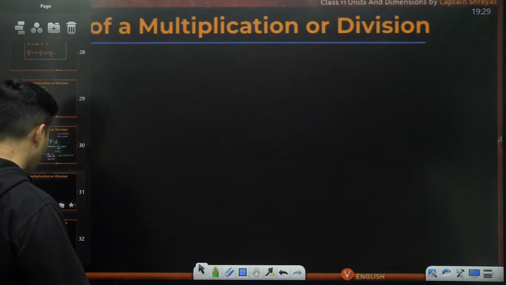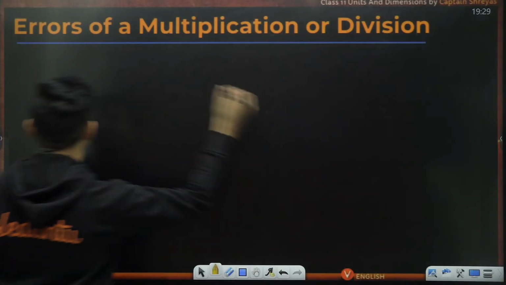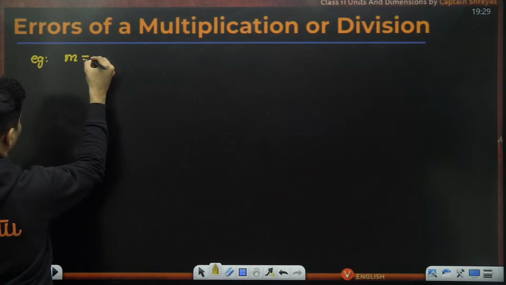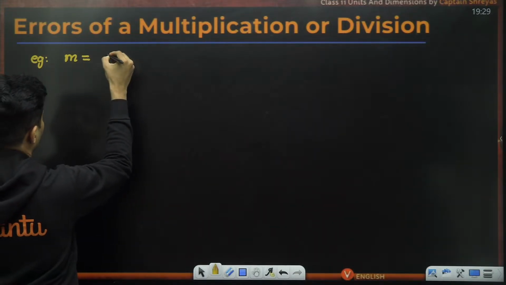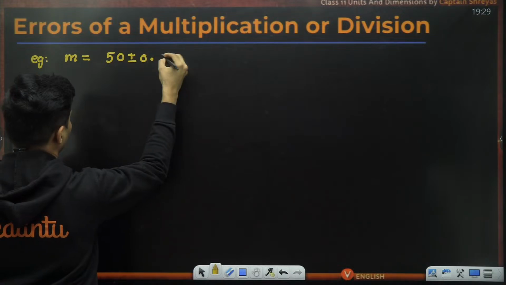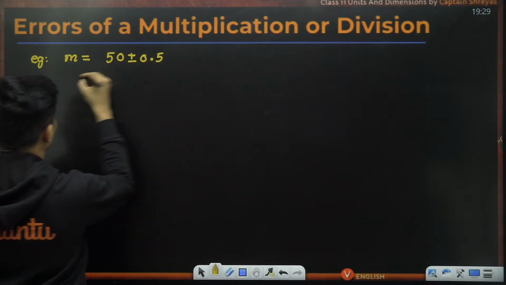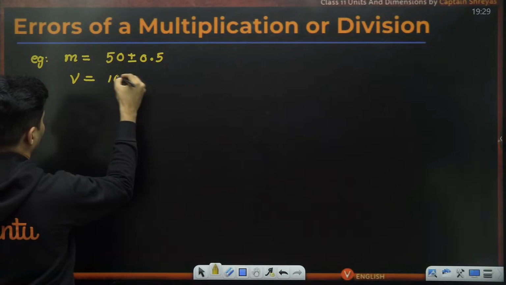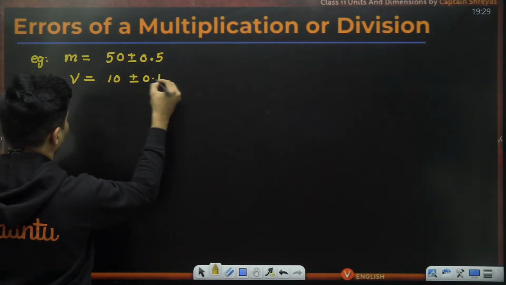Here it is. Let's say the question is like this. The mass of something is 50 plus minus 0.5. Okay, and let's say the volume of that thing is 10 plus minus 0.1.